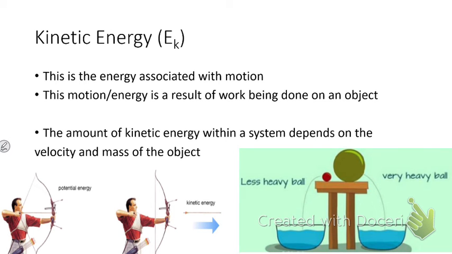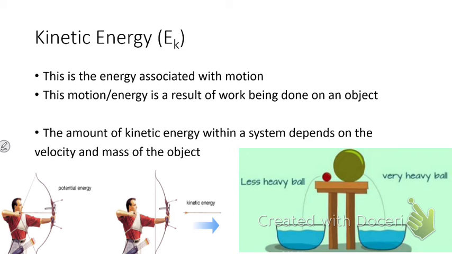Our last topic for the day is kinetic energy, and we've talked about this a little bit. This is the energy associated with motion. To allow something to move, we need to apply a force to it, right?